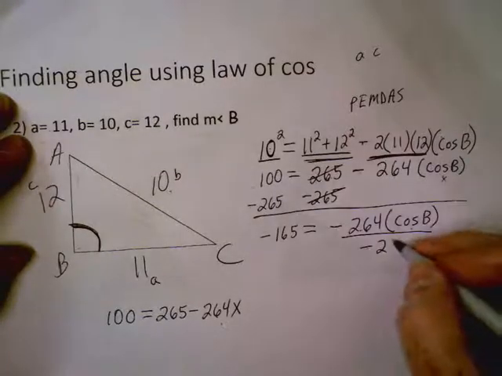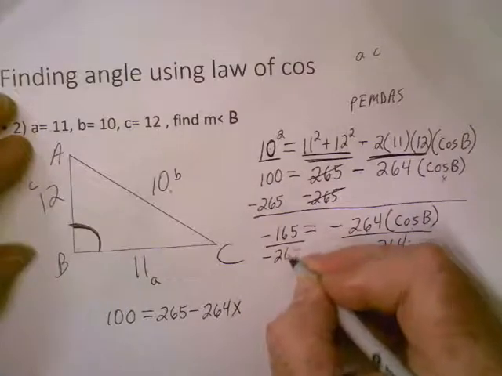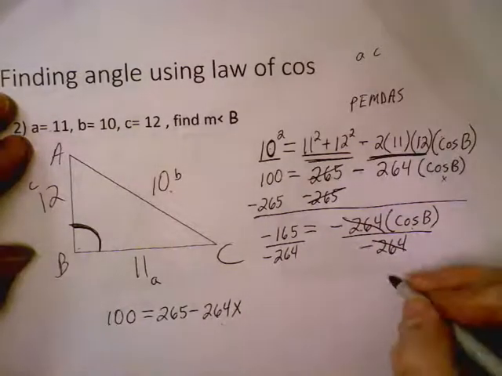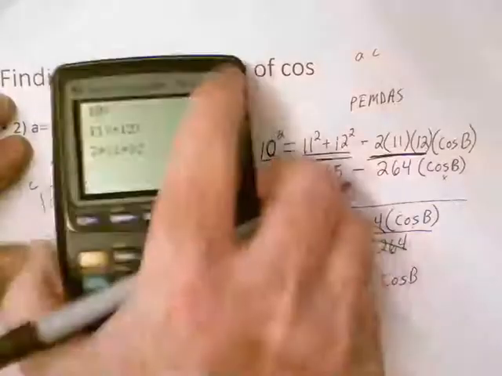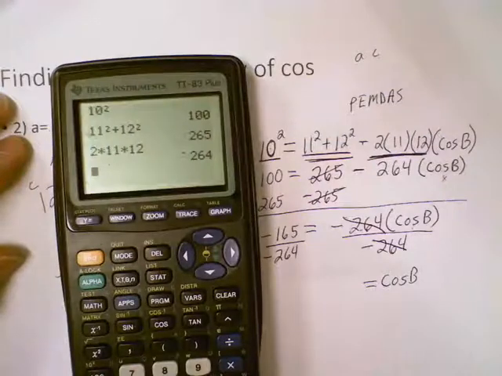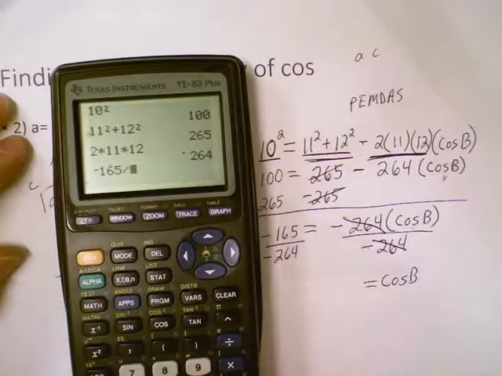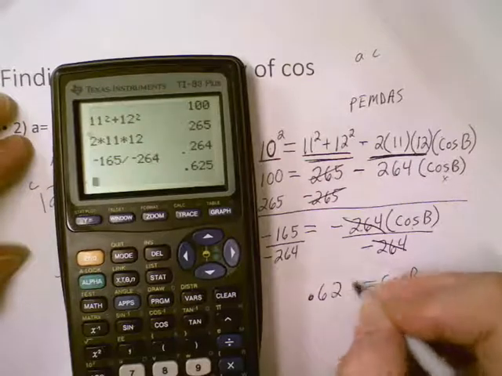So it's going to be negative 264. If we do it on that side, we got to do it on this side. These two cancel out. You're left with just cosine of B on the right. On the other side, we grab our calculator, and I do negative 165 divided by negative 264, hit equals, and I come up with 0.625.